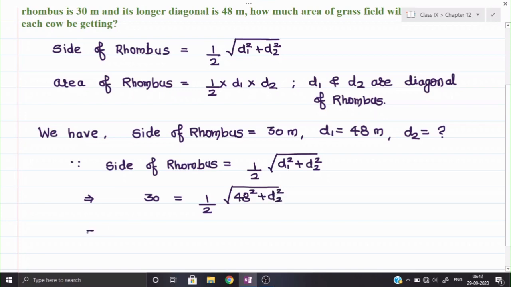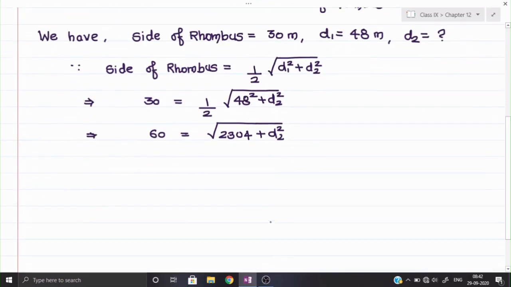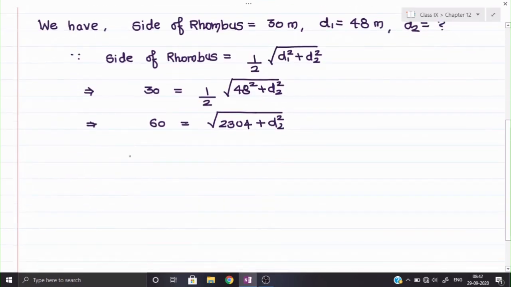Now 2 I have transferred onto 30, it becomes 60 is equal to, and square of 48 is I think 2304 plus d2 square will be as it is. Okay, let us simplify on both the sides. So to simplify both the sides, first of all we need to remove the square root symbol. So for that we shall do the squaring on both the sides.